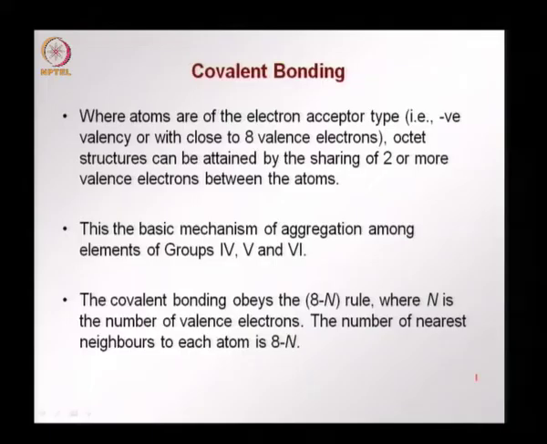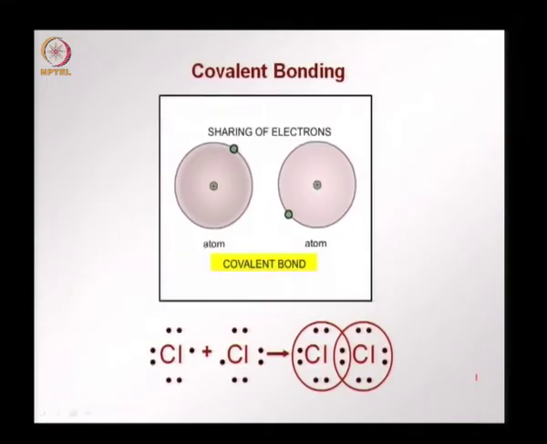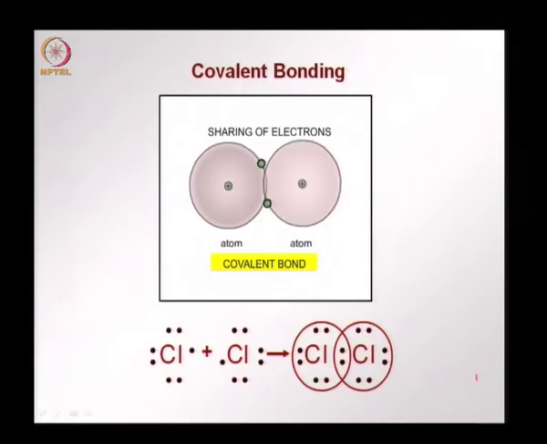Covalent bonding obeys what is called the 8 minus n rule, where n is the number of electrons, and what we see is the number of nearest neighbors when atoms bond together in the covalent bond is 8 minus n. Let us look at a case of chlorine.